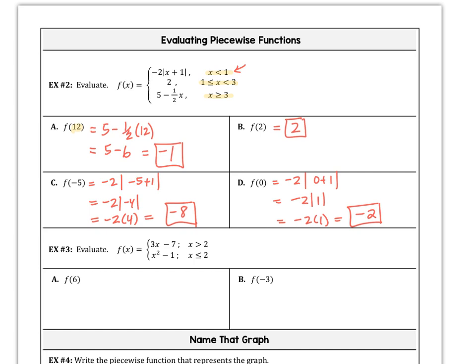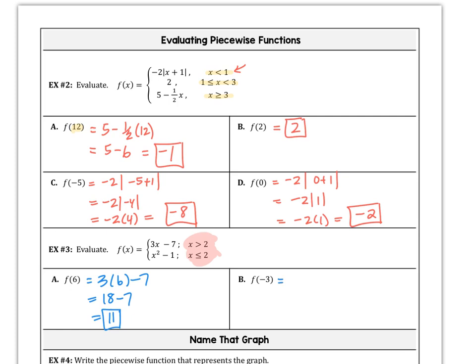Okay, so example 3. Here we have one where x is greater than 2 or x is less than or equal to 2. So these are our restrictions. So we've got to figure out where they fall in this category. So f of 6, that would be greater than 2. So this would be 3 times 6 minus 7. 18 minus 7, that's 11.